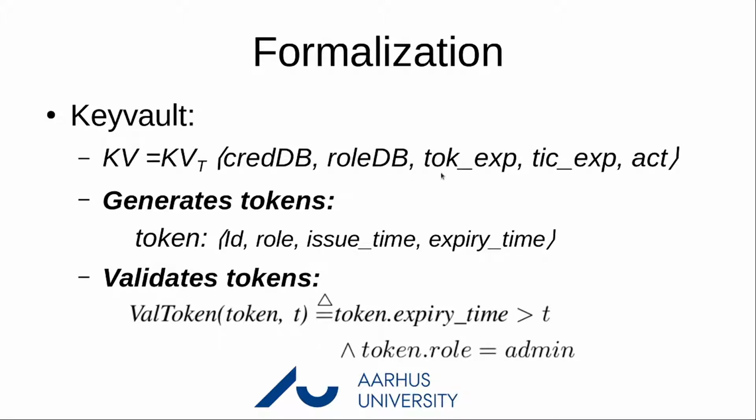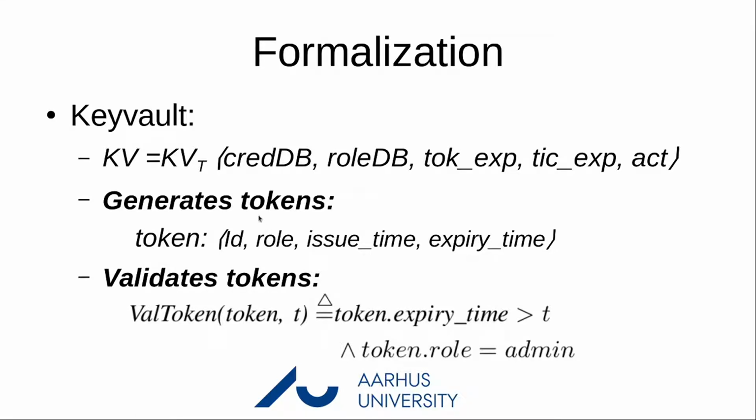Then we have token expiry times, so how long our tokens should be valid for, ticket expiry times, and ACT stands for active. We have two key vaults in a sort of active-passive configuration. One of them would be active true, the passive one would be active false, and if one fails, the other one can take over.